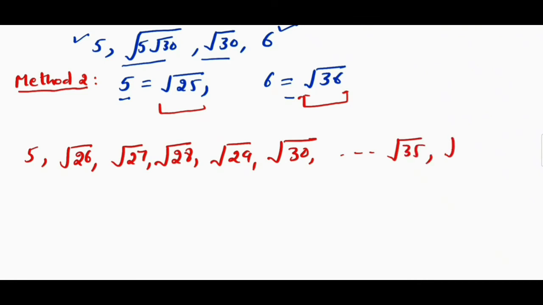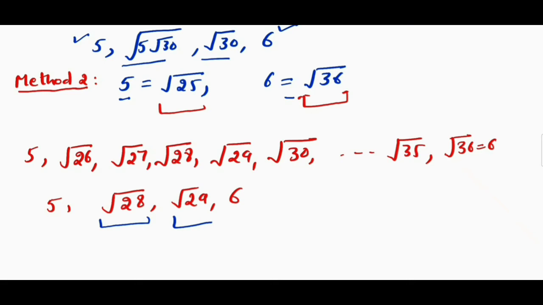And then you can write square root of 36 which is equal to 6. So you have to write only two irrational numbers between 5 and 6. You can write any numbers. Here my numbers are square root of 28 and square root of 29 between 5 and 6, and these are irrational numbers.